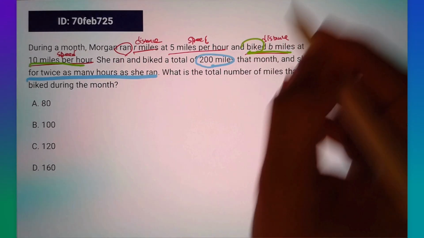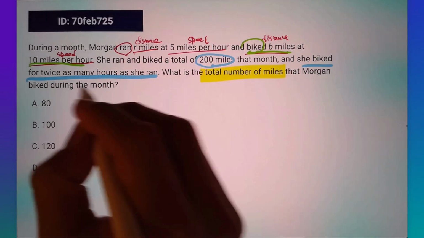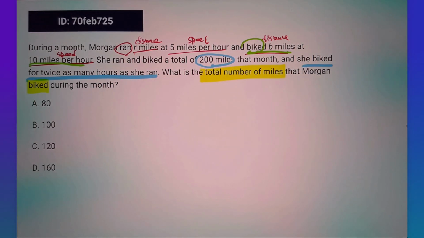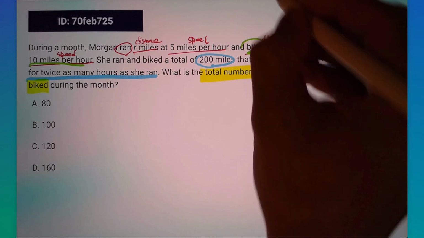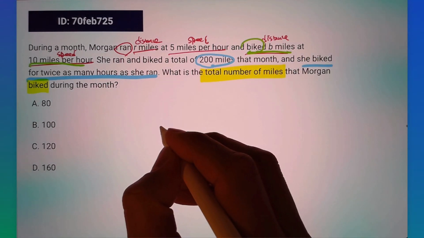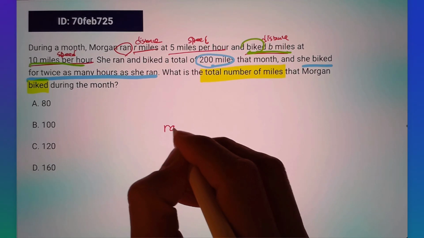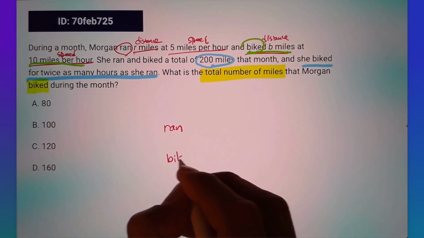Okay, so total number of miles biked. So let's organize our data, because this is like all disarray. So I'm gonna say that Morgan ran and Morgan biked.